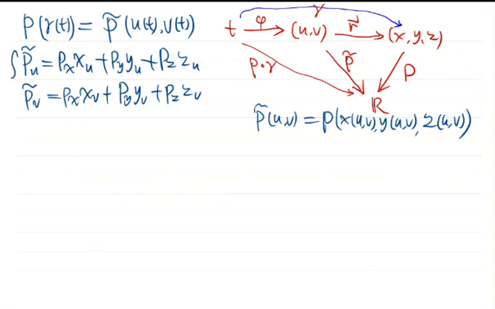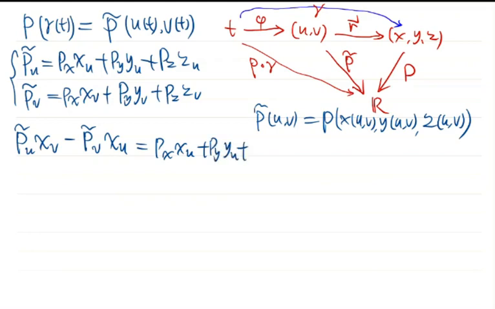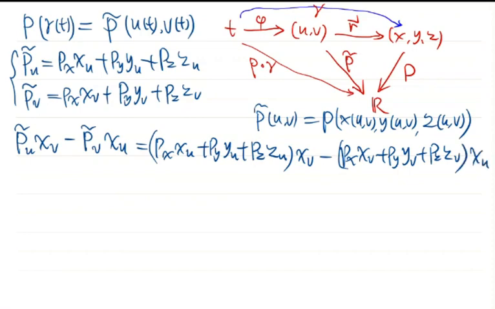So from these two equations, we will see that P tilde_U x_V subtract P tilde_V x_U will give us (P_x x_U plus P_y y_U plus P_z z_U) x_V, subtract (P_x x_V plus P_y y_V plus P_z z_V) x_U.